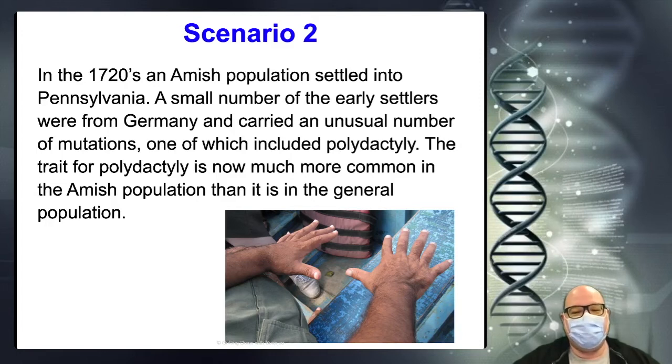Look at that picture very carefully. Yeah, he's probably a good guitar player, piano player. Polydactyly is actually a dominant trait. Yeah. So most people have 2 recessive alleles.